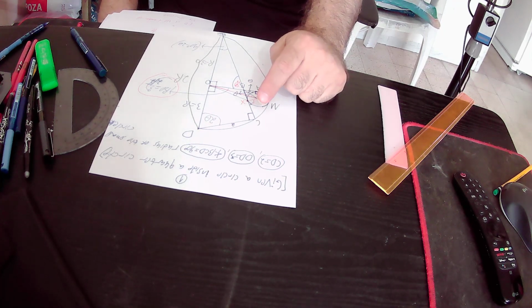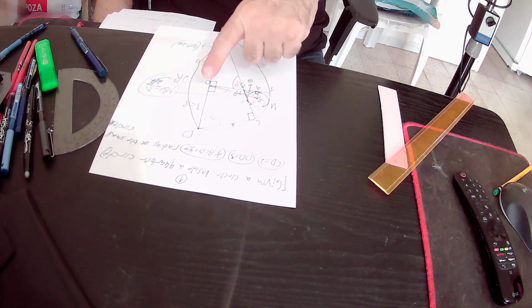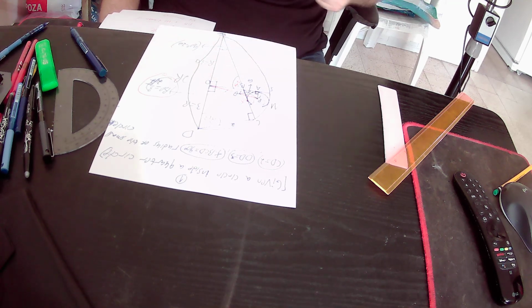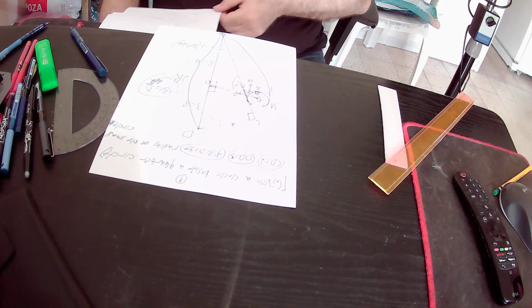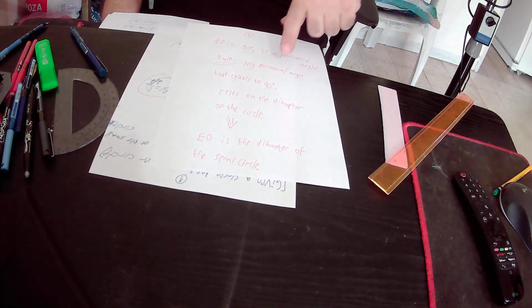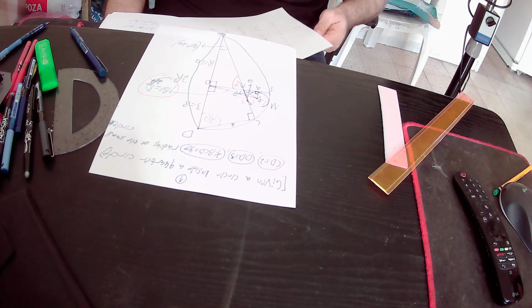So peripheral angle ECD that equals 90 degrees must rest on the diameter of the circle. That is to say, DE is the diameter of the quarter circle and also the semicircle. According to the rule that I stated, DE is the diameter of the semicircle and the quarter circle itself.